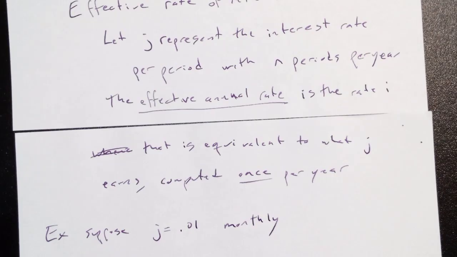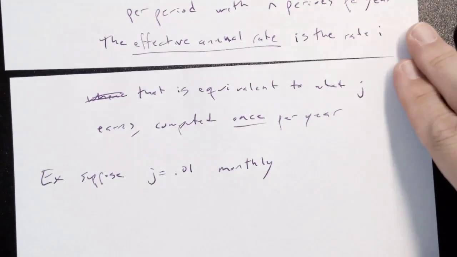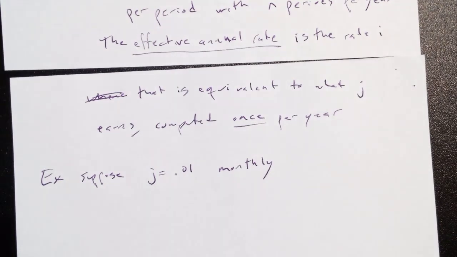Let's suppose, like my credit cards or like my mortgage or something that works on a monthly basis, I'm getting charged 1% a month. What is the effective rate per year here?